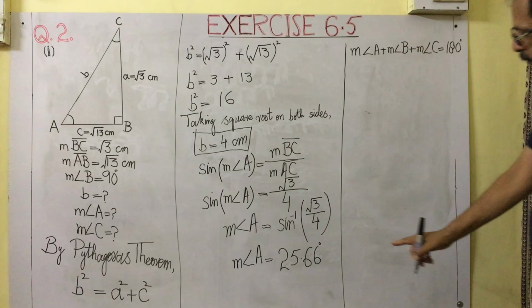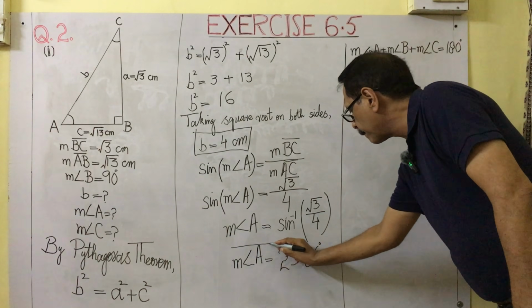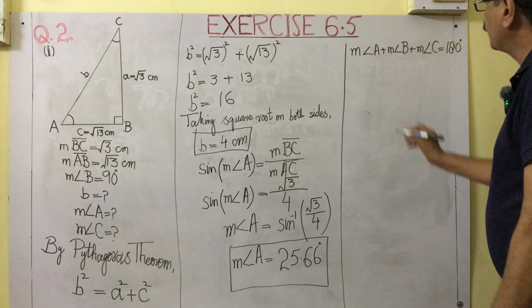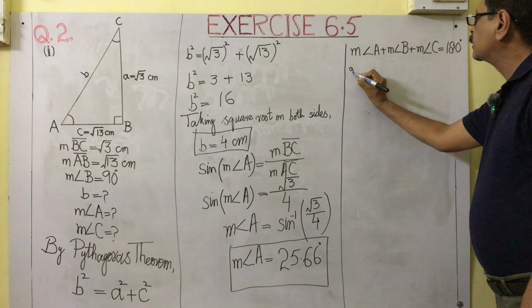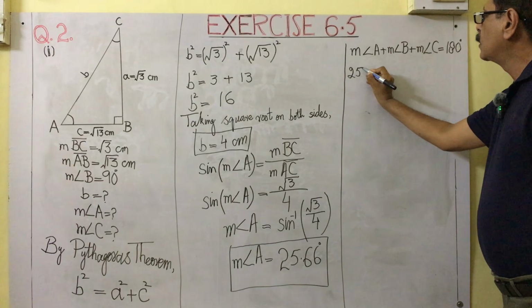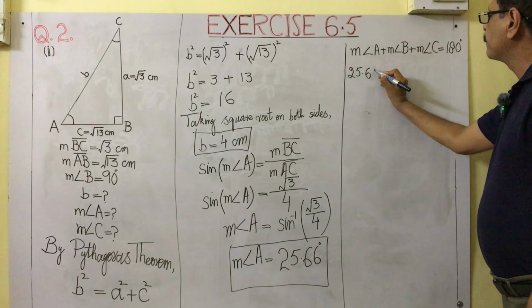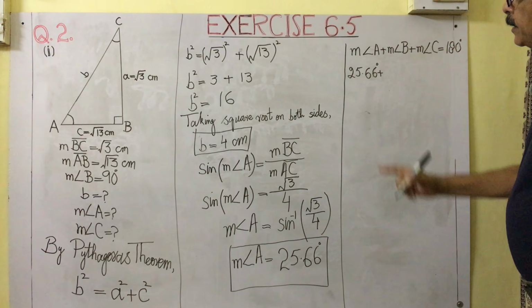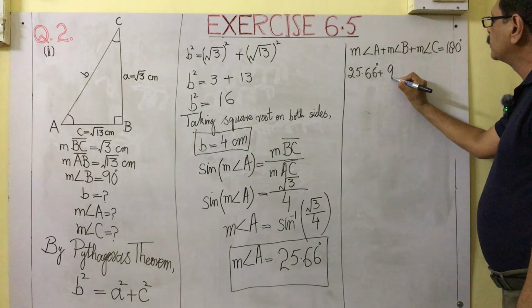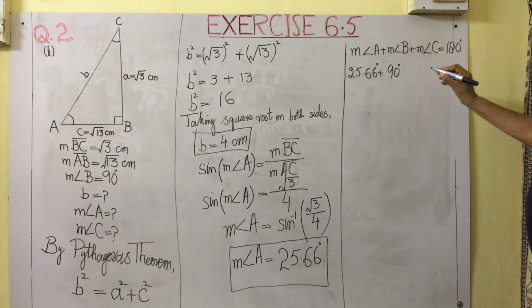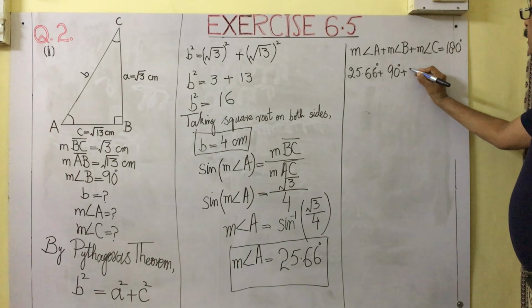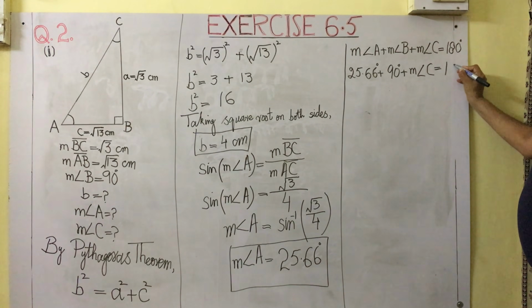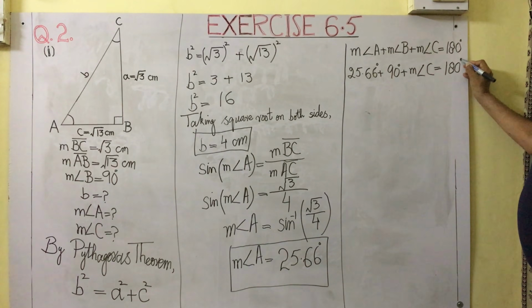Angle A (25.66 degrees) plus angle B 90 degrees plus angle C is equal to 180 degrees.